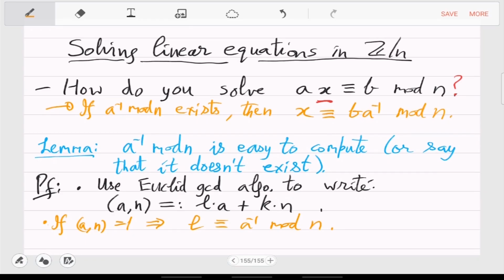That is what you learn from this immediately. So L times A is the GCD mod n. That's the equation. So if the GCD is 1, then you know that L is the inverse of A and A is the inverse of L. Is that clear?